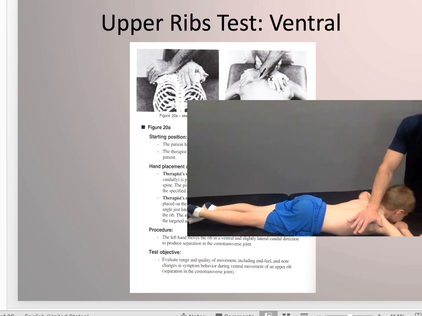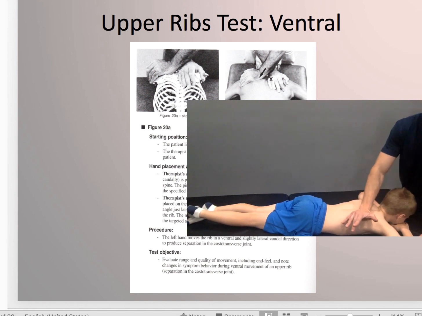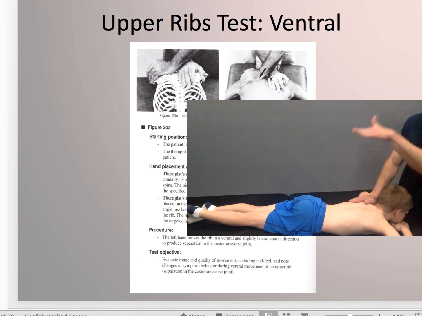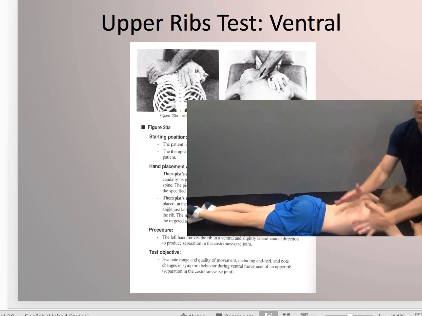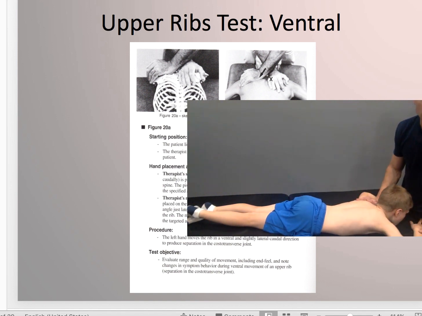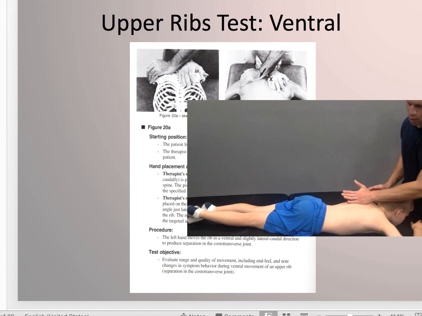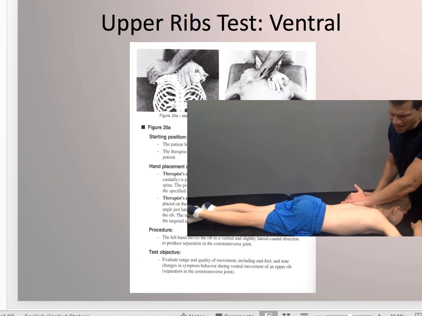So while I'm checking his right side, my right hand is now thrusting, not a grade 5, but like a grade 3, applying pressure through what we call the rib hump, just on the other side of the transverse process. We want to make sure the transverse process is not just flexing with it, because then we can't really assess the ribs. So we can lock down the transverse process, mind blown, from the other side. In this case, on the spinous process, I'm now going to be on his left side. I'm going to get right in the groove just next to his spinous process, so that way I know I'm on the vertebrae and not on the ribs.